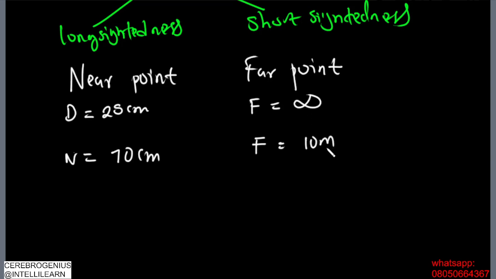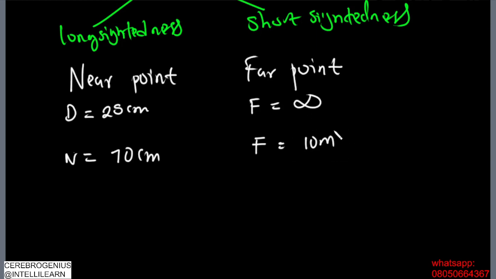10 meters. What does this mean? Now don't forget the definition of far point. Far point is the distance that you are going to move an object to. Don't forget that you are moving the object away from you. So the distance you are going to move an object to such that you will still see the object, so that once you go beyond that distance, you can no longer see it. So for someone that has a far point at 10 meters, what does it mean?